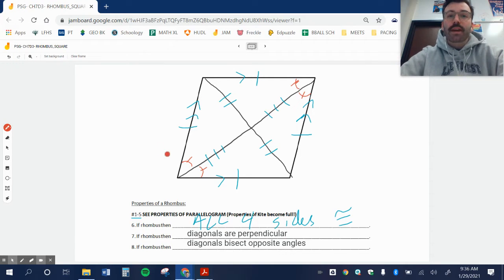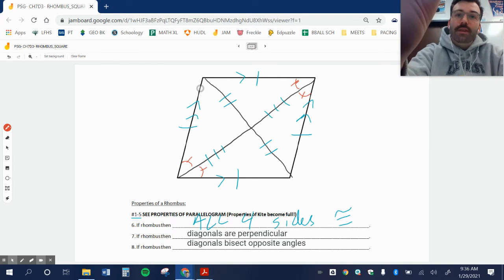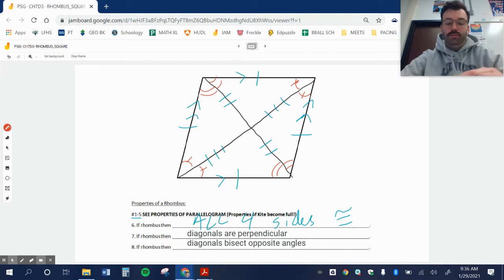So all 4 of these angles, 1, 2, 3, 4, are going to be congruent. All 4 of these angles, 1, 2, 3, 4, are also congruent, because this whole thing is congruent to this whole thing.